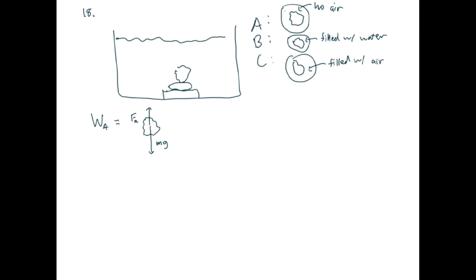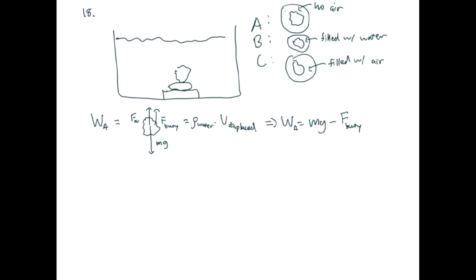By Archimedes' principle, this is equal to the density of the water times the volume displaced. So the weight measured by Alice will just be equal to mg minus this buoyant force.